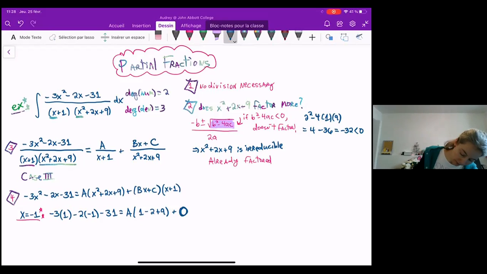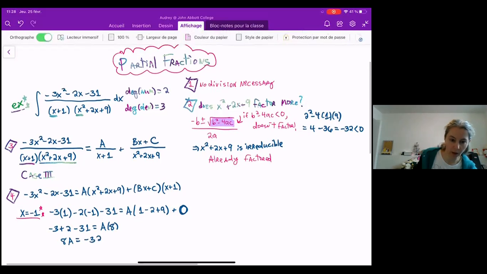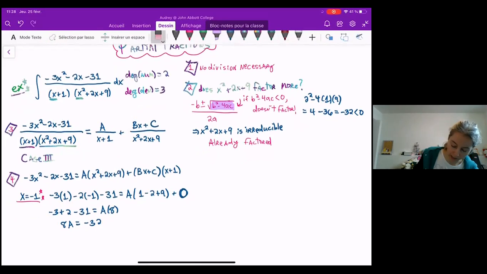So here I have negative 3 plus 2 minus 31 is equal to A times 8. So 8A is equal to negative 32, which gives me that A is equal to negative 4.